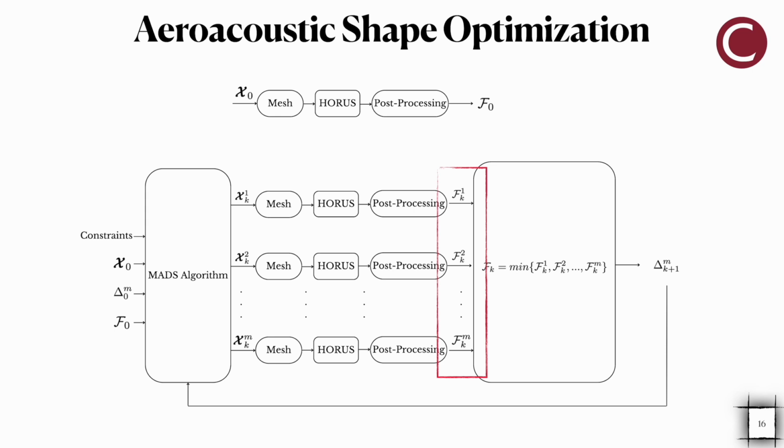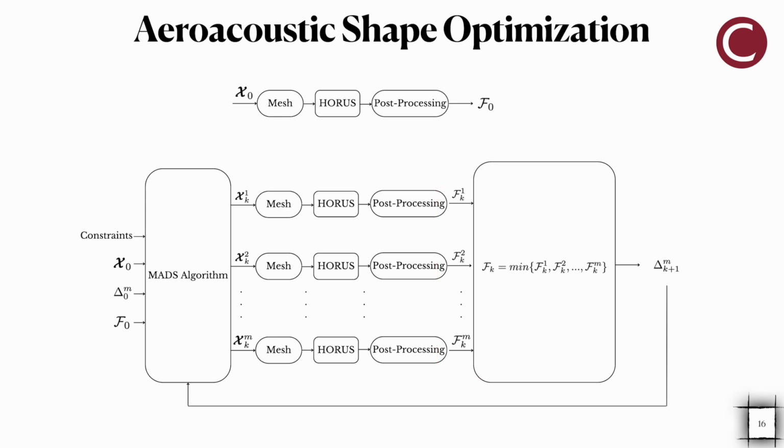From all of these objective function values, we need to choose the best one and compare it to the incumbent design. Depending on whether we found a better design than the incumbent one, the mesh size parameter is updated. This is an iterative process, and whenever the termination criteria are met, the MADS algorithm has converged.